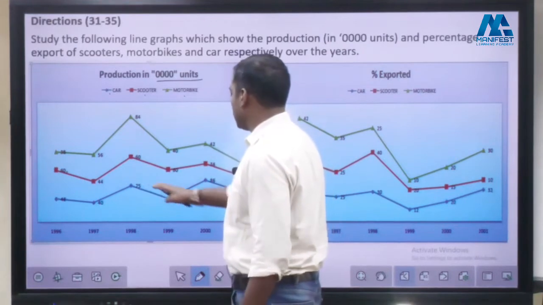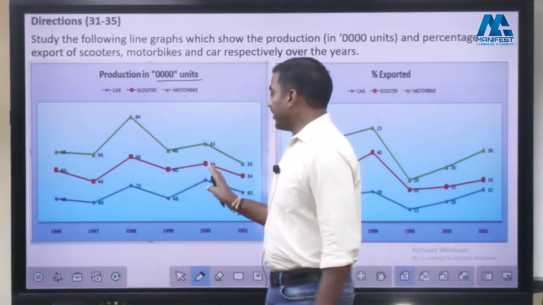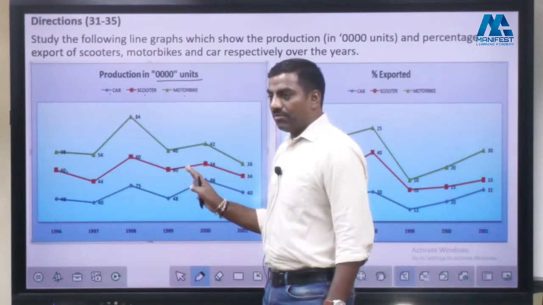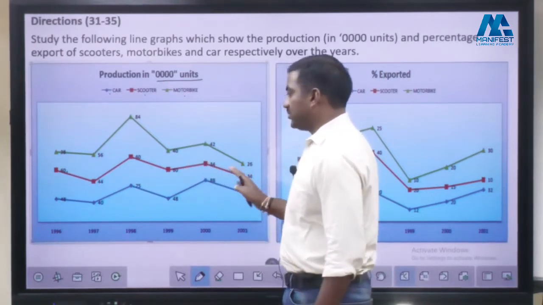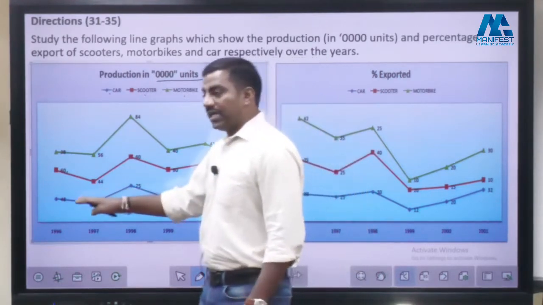Where is rhombus? So according to us, 75, 86 can be the answer. But let us find out the average, or even 60 can be the answer. Let us find out.